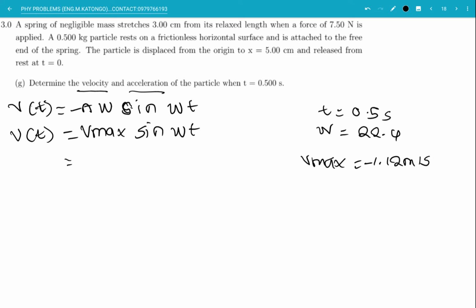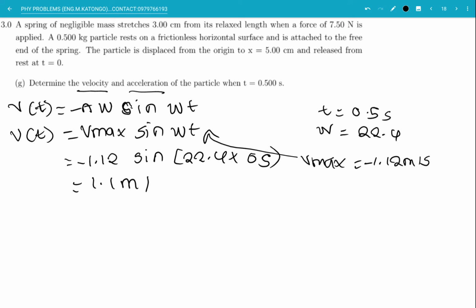Therefore, we'll have negative 1.12 sine of our angular frequency, 22.4, times the time, which is 0.5, and therefore we'll obtain our velocity when t is equal to 0.5 as 1.1 meters per second.